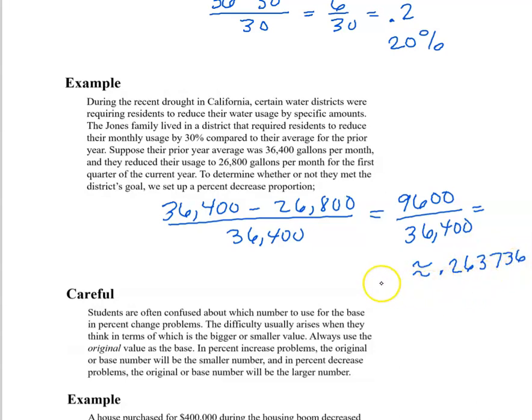So this would be 26.37 approximately if we talked about the percentage, if we move our decimal 2 places. Okay, and it said that we needed to reduce their monthly usage by 30%, so no, they didn't meet the goal. They did not meet the goal.